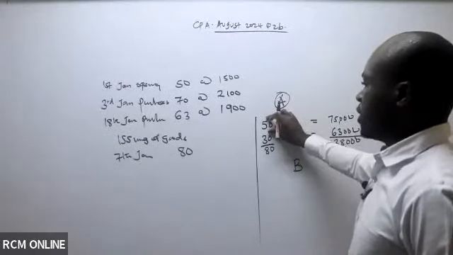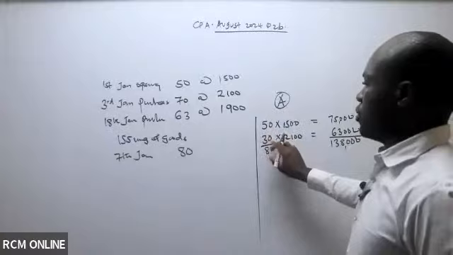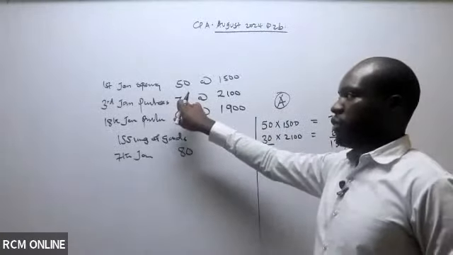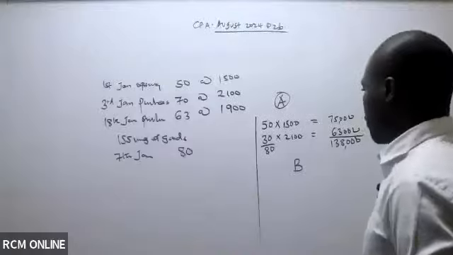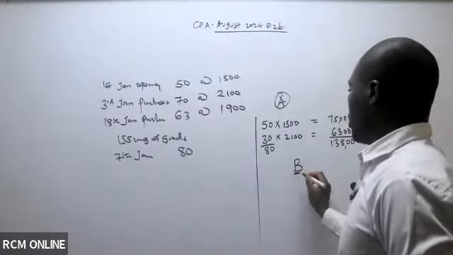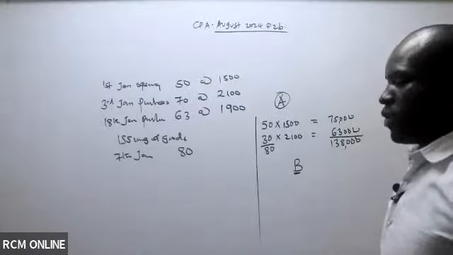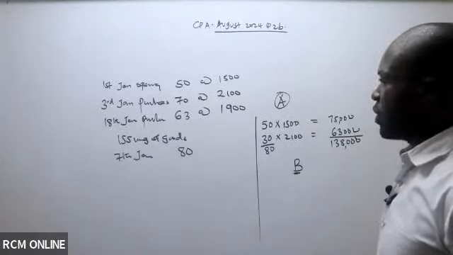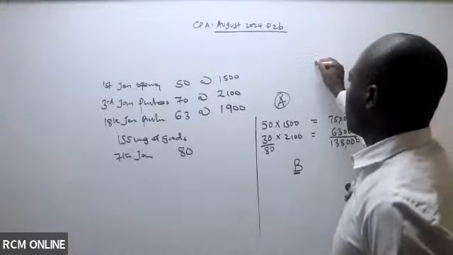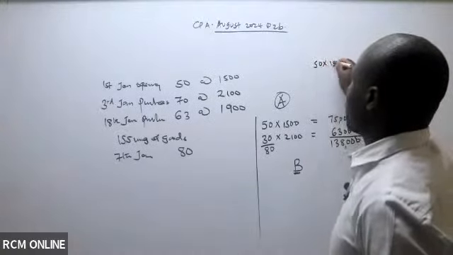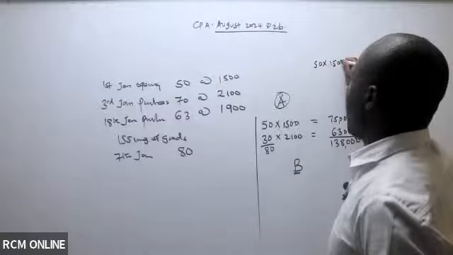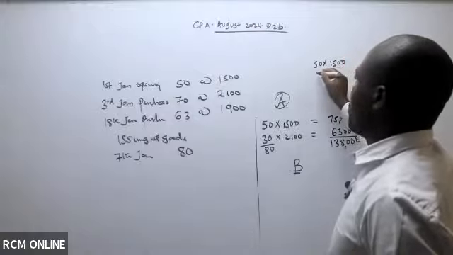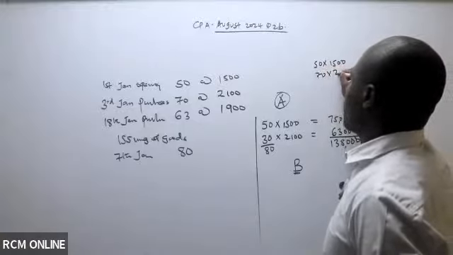You first of all sell what was brought in, then you pick 30 from what was brought in on 3rd. Good. Individual B will say, I must get the cost. I must use average. So how will they get the average? They'll take 50 times 1,500 to give them total cost, plus 70 times 2,100.